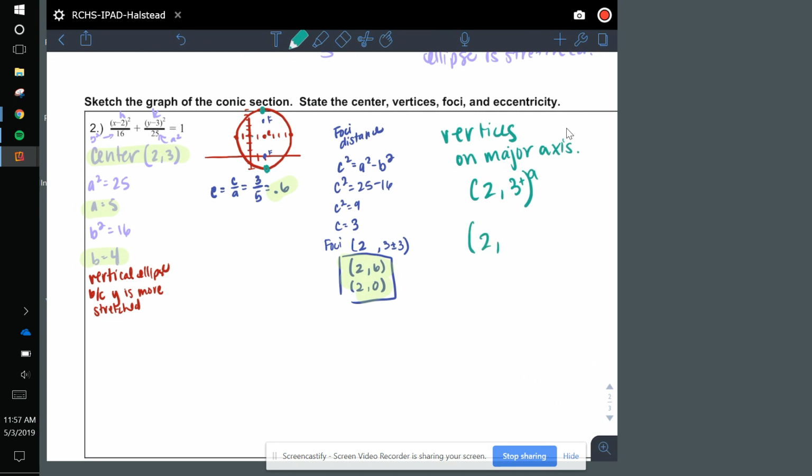So 2, 3 plus or minus my a value, which is 5. So that gives me 2, 8 and 2, -2. Honestly, you can count these on the graph, but this is the algebra that supports it. All right, we're going to take a break there, and I will make another video for you.